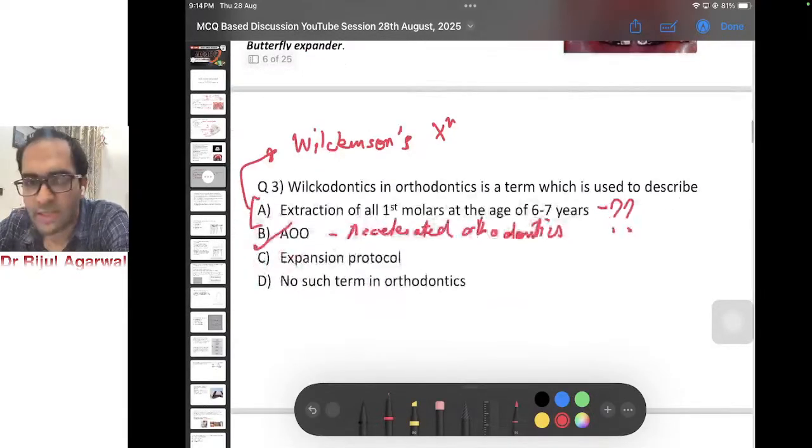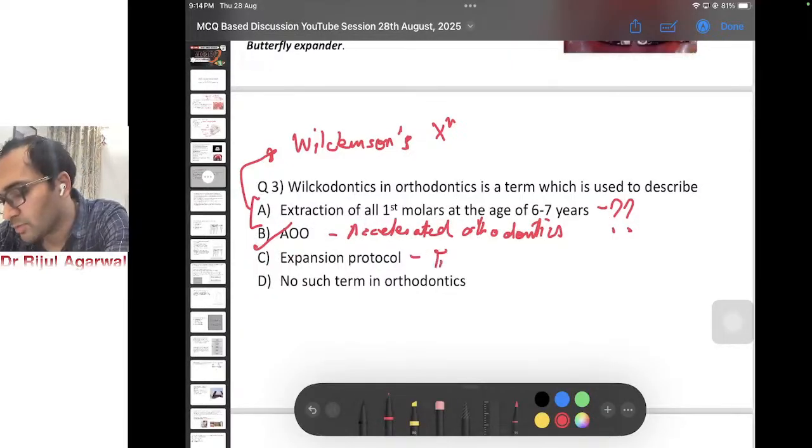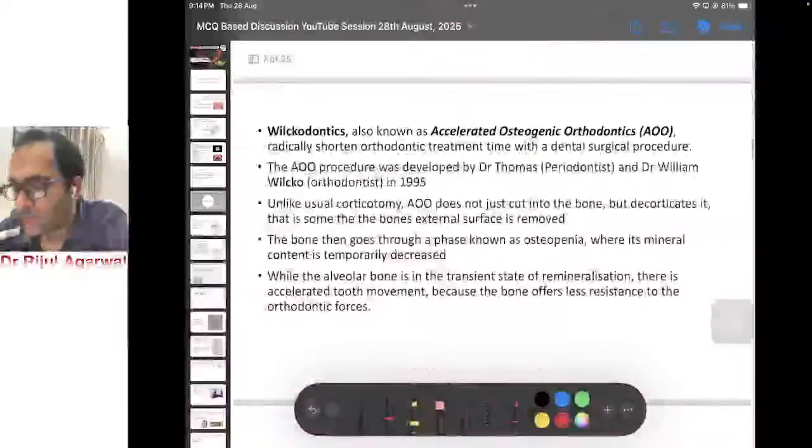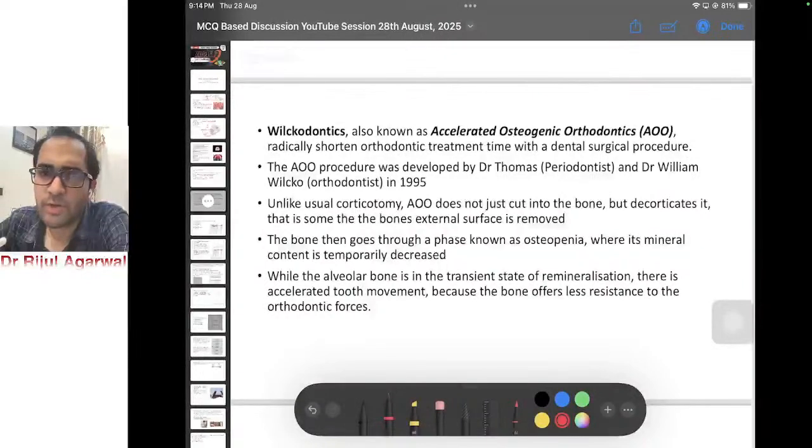Okay, expansion protocol, you know the term was given by Timms or Isaacson protocol, and no such term. So coming to you, it was developed by Dr. Thomas and Dr. William Wilco.